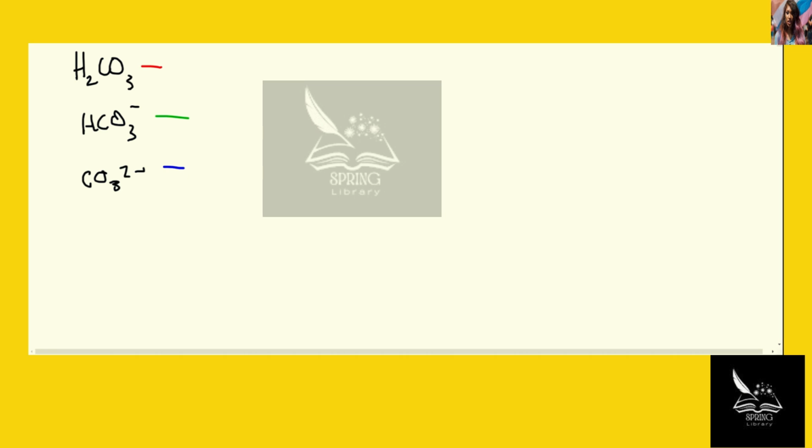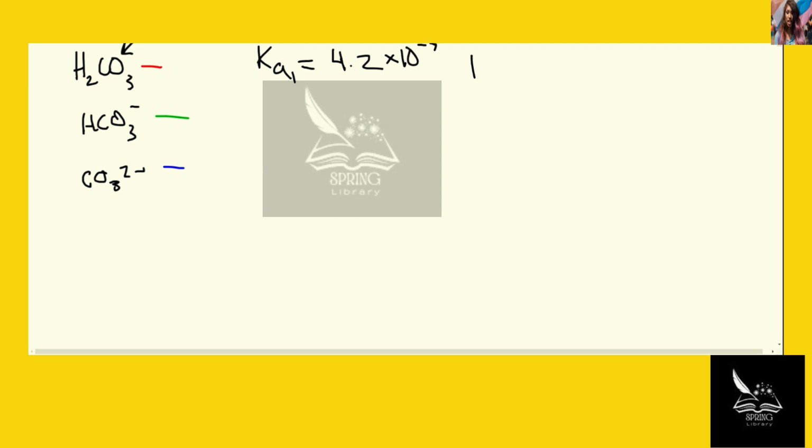So the first Ka, the Ka of carbonic acid, is 4.2 times 10 to the negative 7.